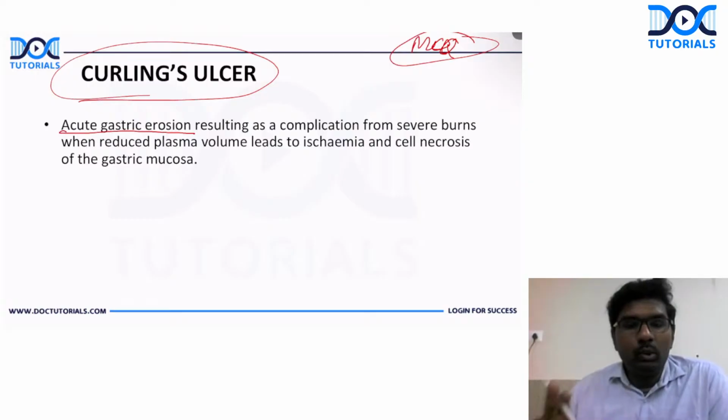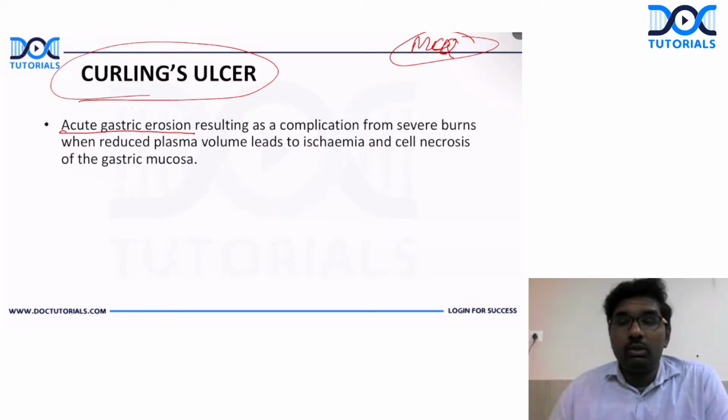This occurs because of reduced plasma volume and cell necrosis. The reduced plasma volume will lead to ischemia, and ischemia will lead to cell necrosis of the gastric mucosa.